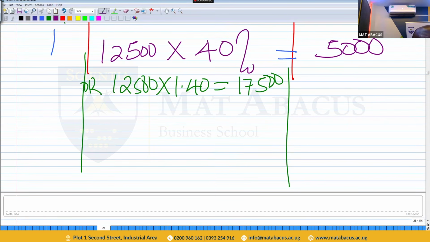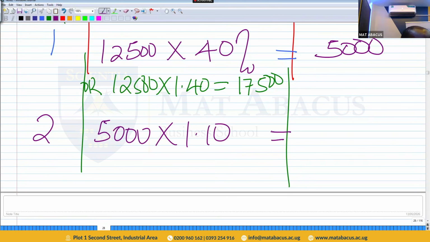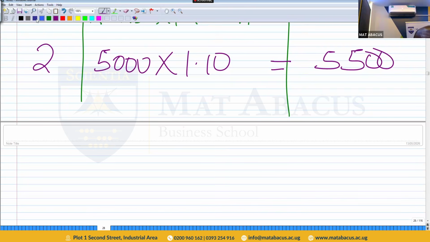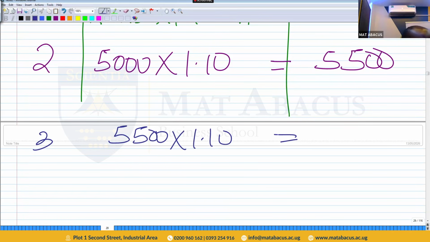So in year 2, I will have 5,000, and I will increase it by 10% and I will get 5,500. And in year 3, I will have 5,500, increase it, and I will be able to get 6,050. We go back and read.